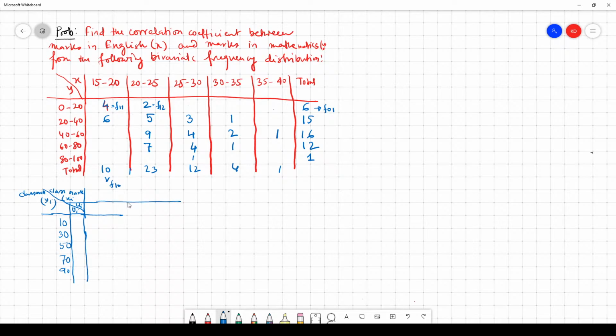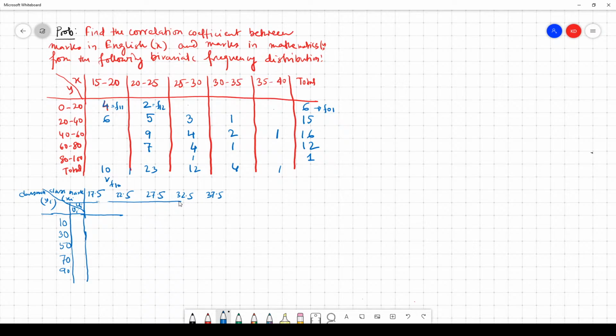And the class mark of xi, that is 15 plus 20, that is 17.5, 22.5, 27.5, 32.5, then 37.5.